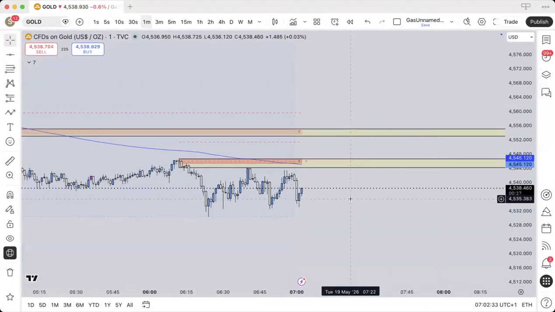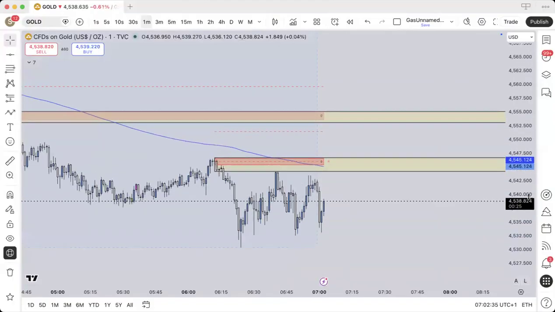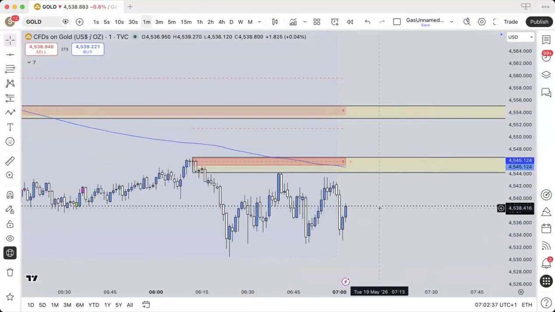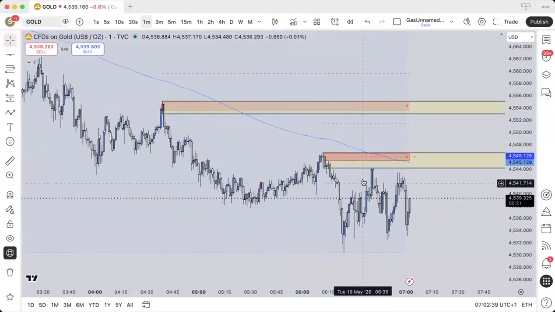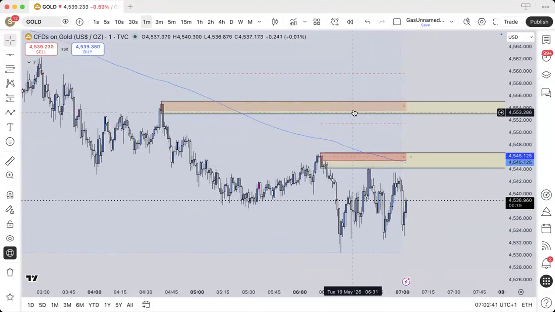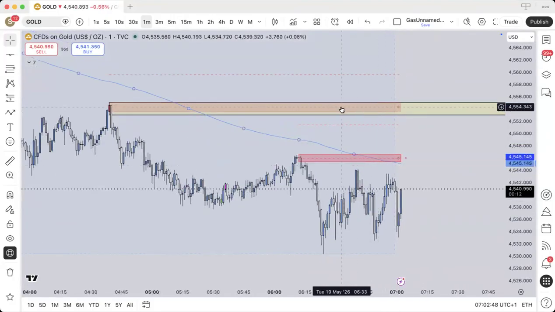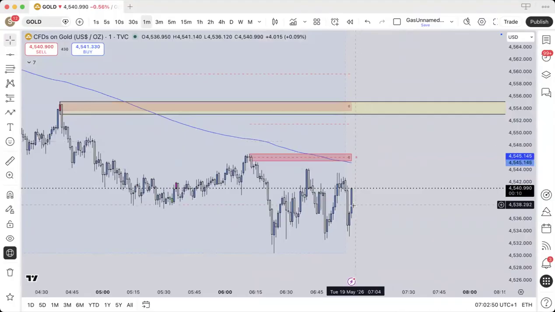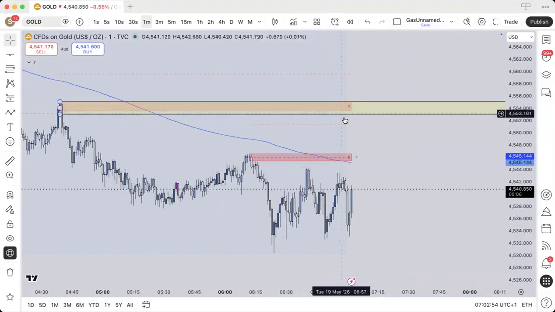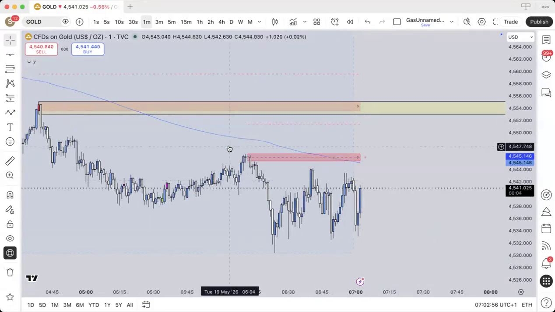I think this is going to be the preferred trade, in my opinion, to be honest, rather than this one here. So we'll see what that one does, because obviously it's going to give us probably a better risk to reward.